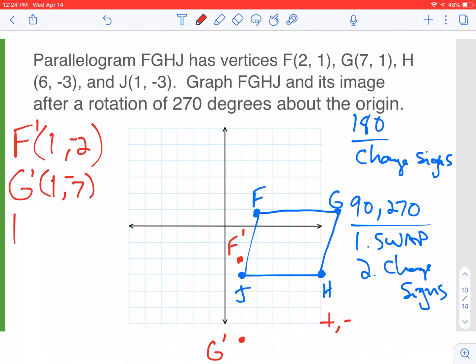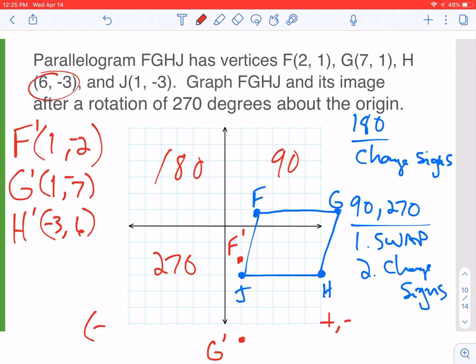And then I'm going to take H. I'm going to swap my points, -3, 6. All right, let's hold on a second. If I'm talking about H now, this will be 90, this would be 180, and this would be 270. So now it's going to be a negative, comma, negative. All right.